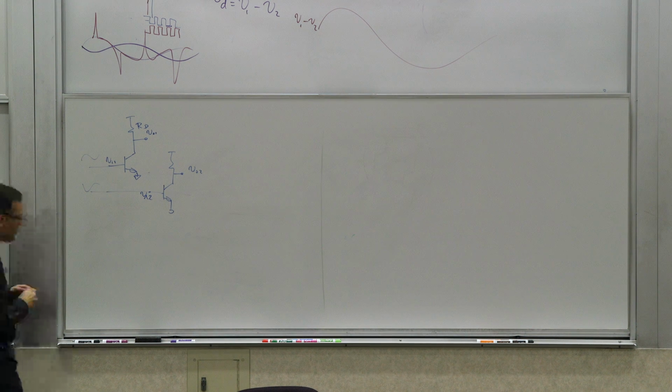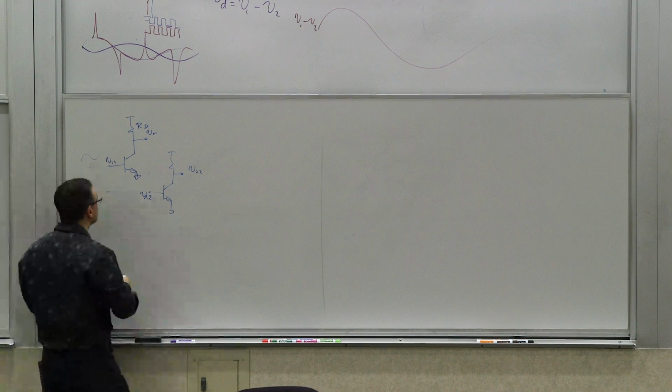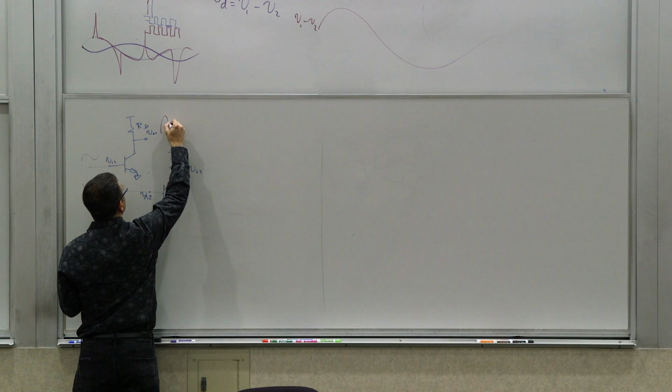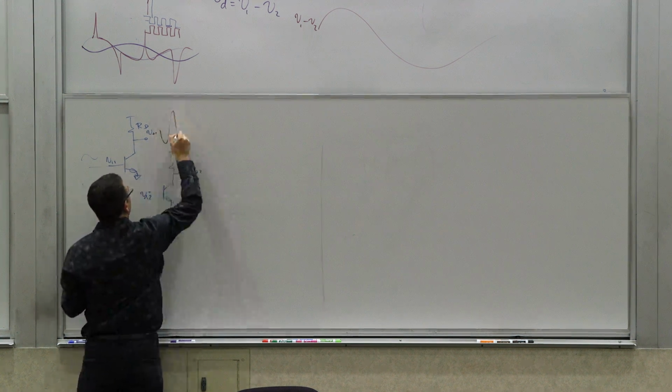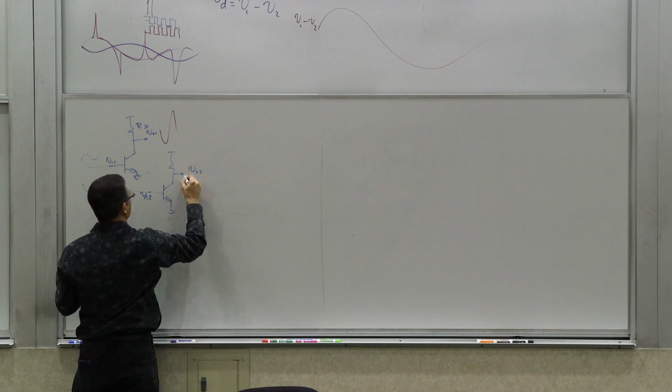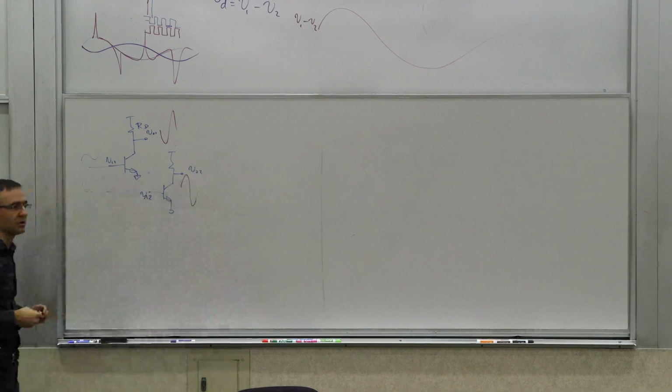So what happens is that both of them get amplified, and you get some amplification here. Oh, it's going to be an inverting amplifier, so if I want to remain faithful to those waveforms, you will get some amplification here.